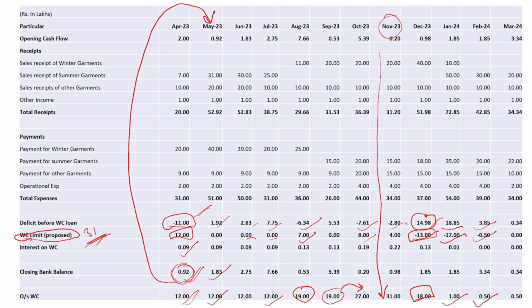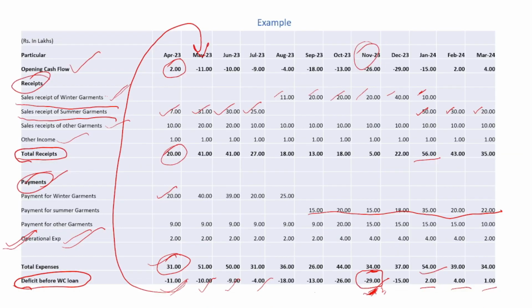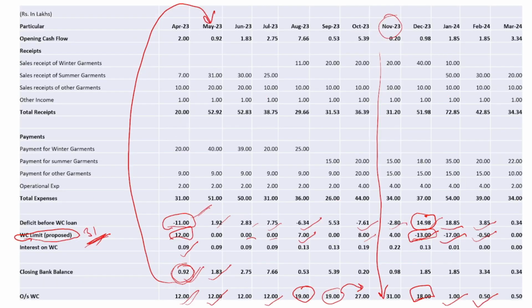Friends, what we see here is, first we need to spread out the year month-wise. Then we have to calculate the receipts month-wise and the expenses month-wise. We need to calculate the deficit of the peak month, that is November 2023 in this example. Accordingly, we will set the working capital limit, how much working capital limit we can sanction to this company.